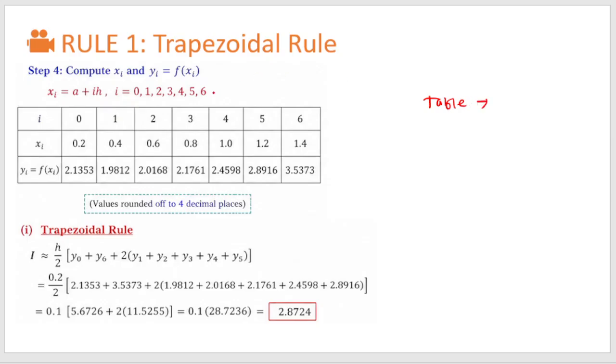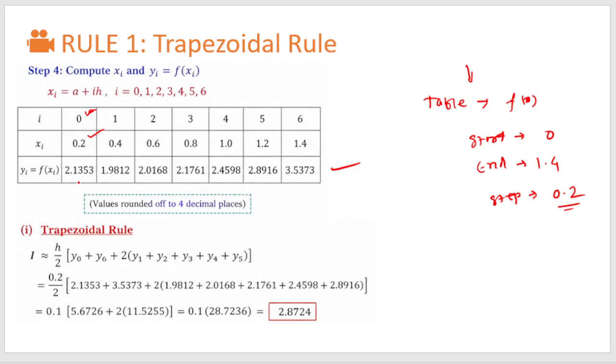There you need to enter the full equation f of x, and you can start with 0.2, and you can end with 1.4, and if you enter the step size as 0.2, you will get all these values, right? In the calculator, you have to use the table mode.